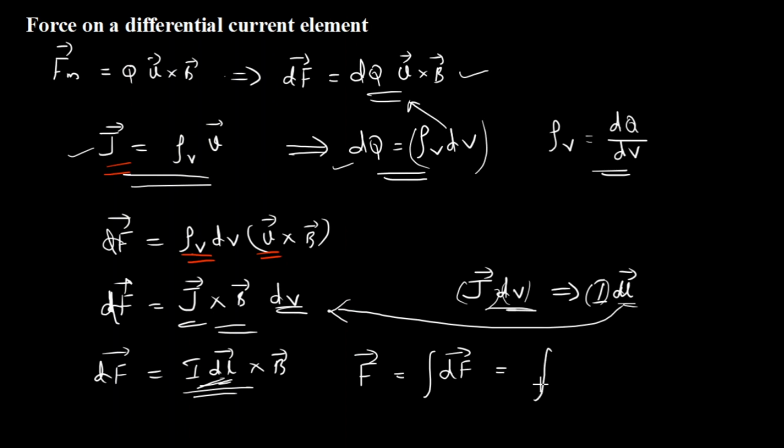If I integrate this over the entire path L, for the length of the path, I will get the total force. I hope this is very clear. So if I integrate this equation I dL cross B, I will get the total force on the current element.